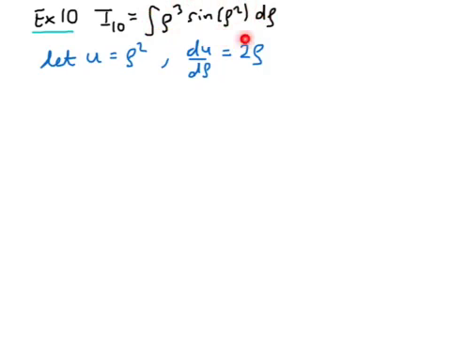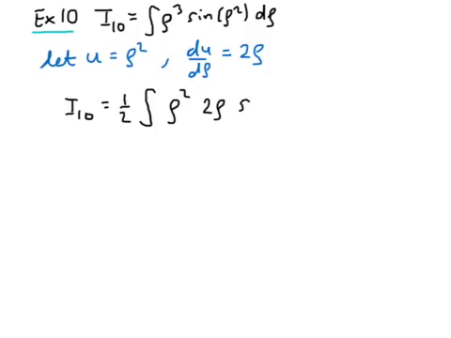But now we look at our original integrand and we realise that we have not 2 rho or 3 rho or 7 rho, but rho cubed. So for a moment we might think this is impossible, but actually it is possible, it's just going to require a bit more work. So let's see why. What we have in our integral I10 is the integral of, and now I'm going to split this rho cubed up into rho squared times 2 rho, and if I'm going to put this factor of 2 here, I must put a 1/2 outside.